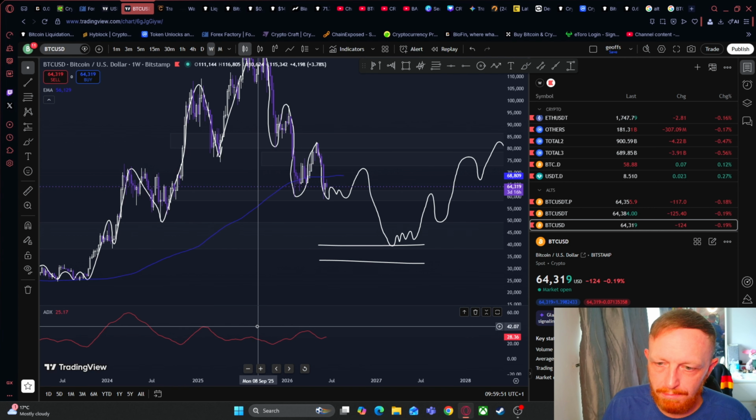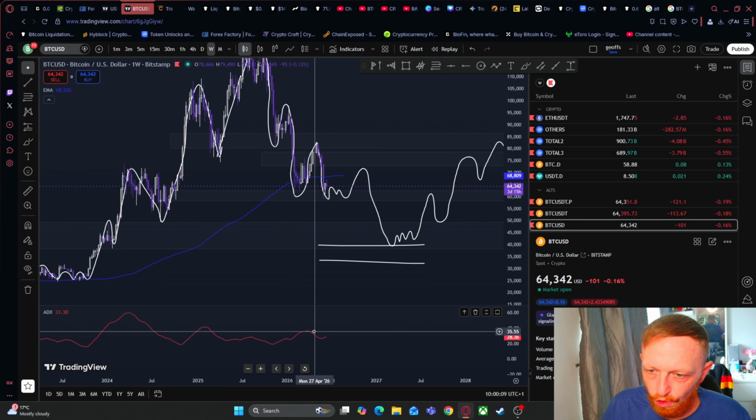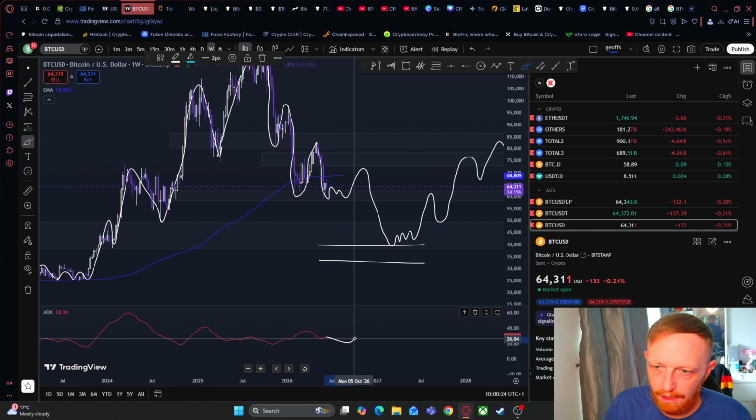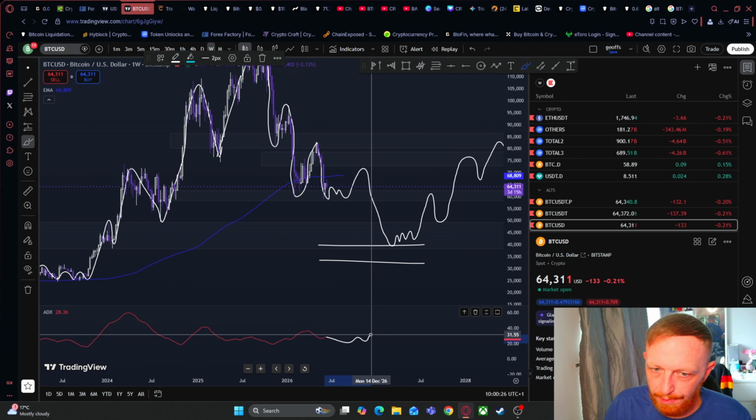Here, around this zone, we did put in a higher high from this area here. So are we creating a local bottom, or are we going to get that last little flush in? This creates another lower high on the ADX into here when we have that flush, and then we start to trend up again.